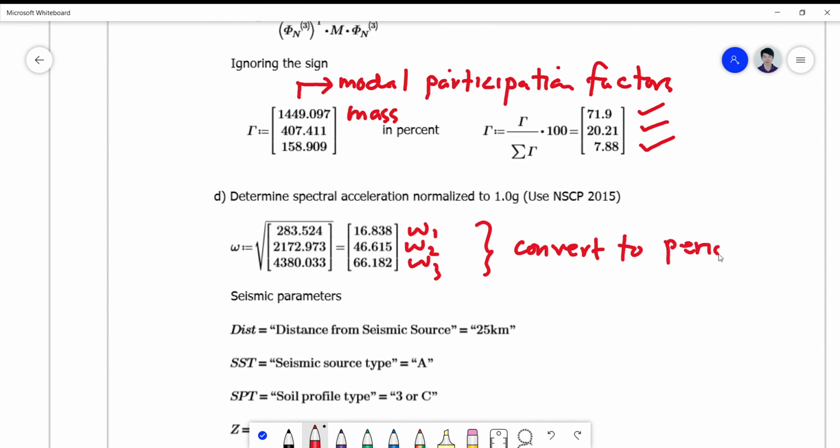to solve your equivalent lateral forces using the response spectral graph.